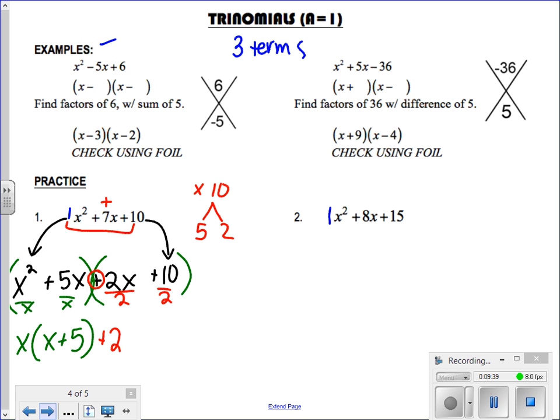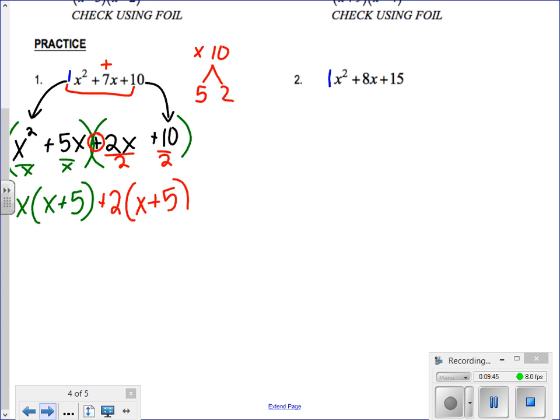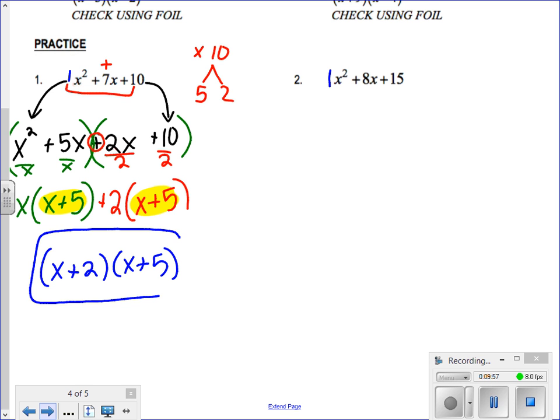So when I divide out 2, I'm left with x plus 5. Now we were happy every time this happened because I have x plus 5 in both sets of parentheses, which means that I can go ahead and write my factored form as x plus 2 times x plus 5.